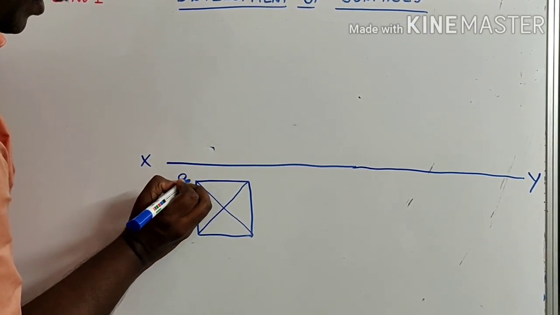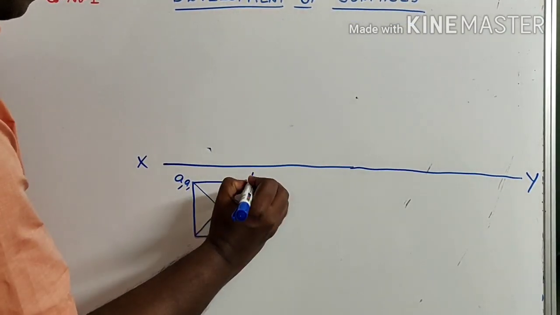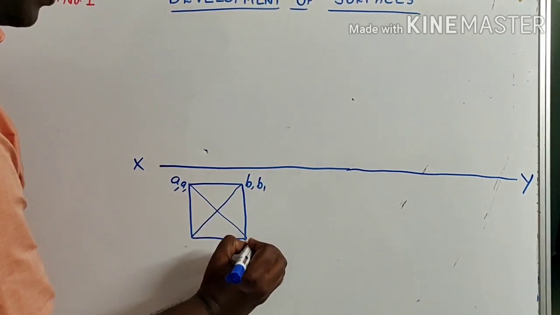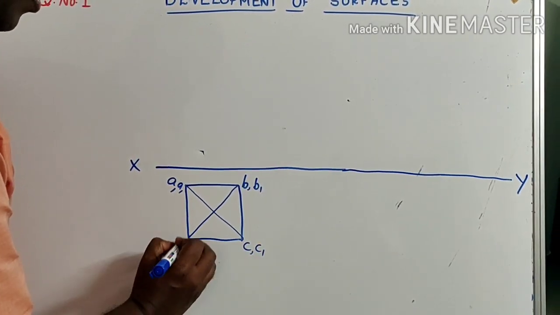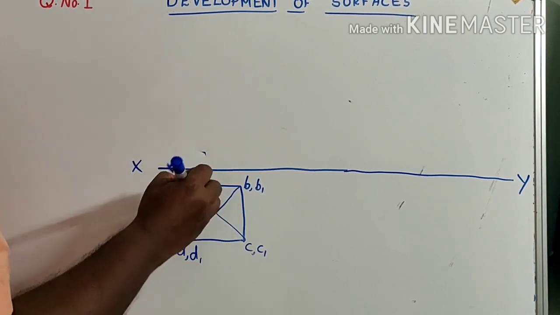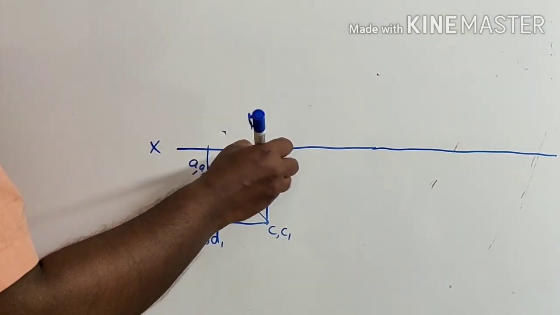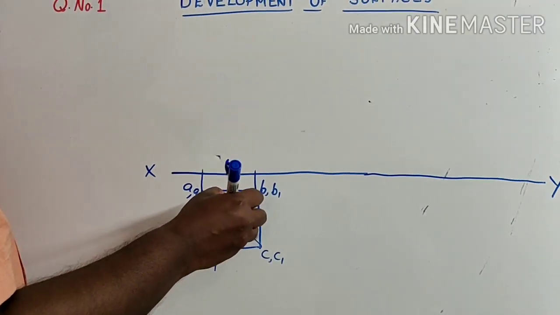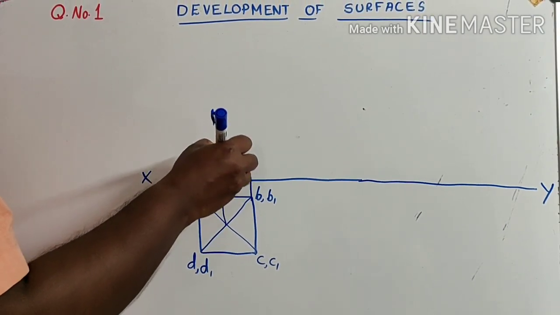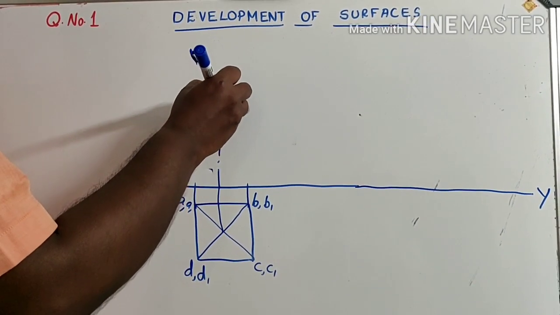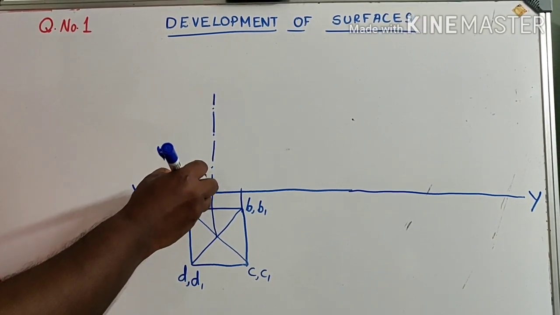So here I am marking it as A A1, B B1, C C1, D D1. All these things are known to you. Already we have drawn several projections of solids for different purposes. You know the height is 50.